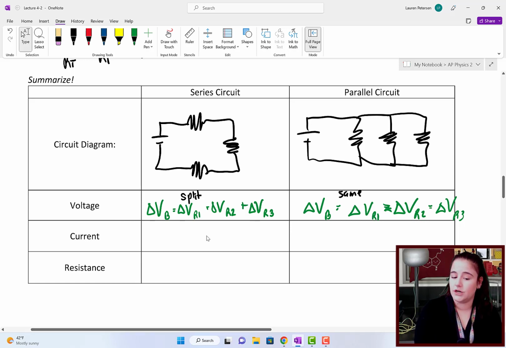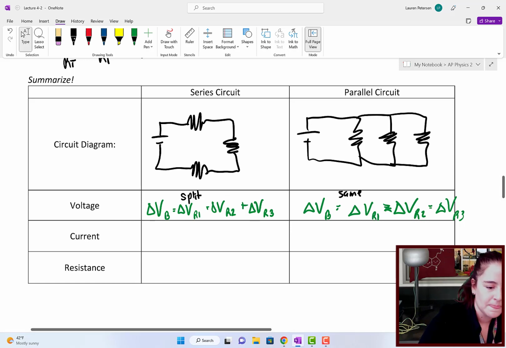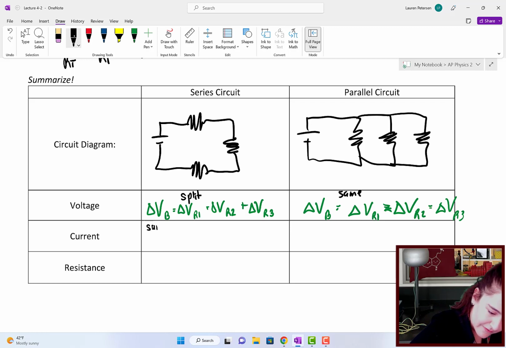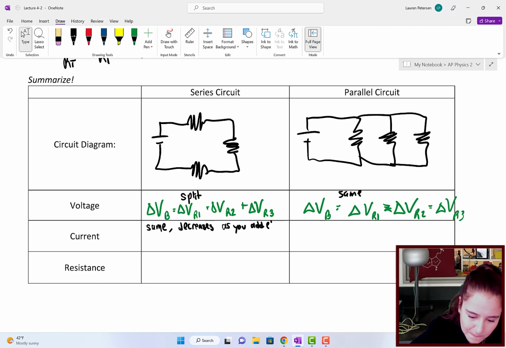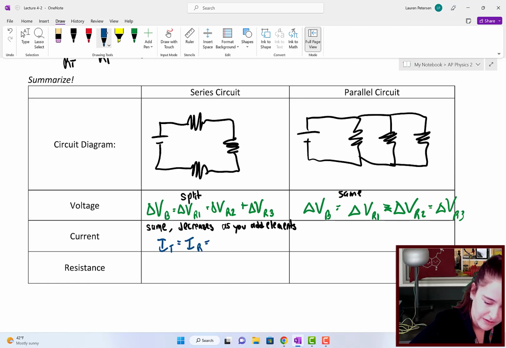Now for current, as we just saw, it's the same everywhere in a series circuit, and it decreases as you add elements. So the total current will equal the current through each resistor.